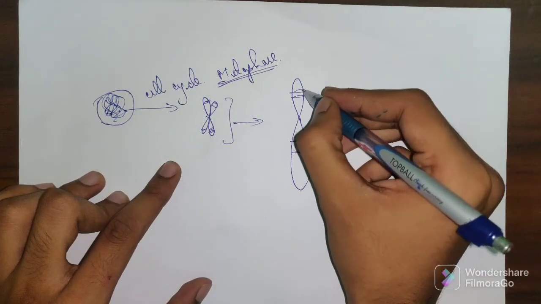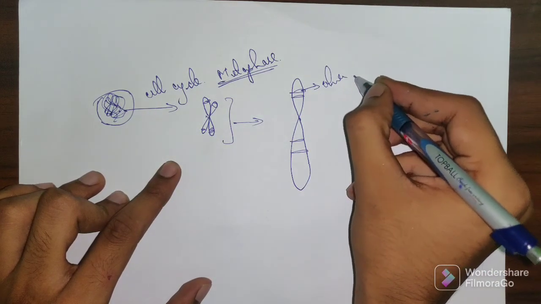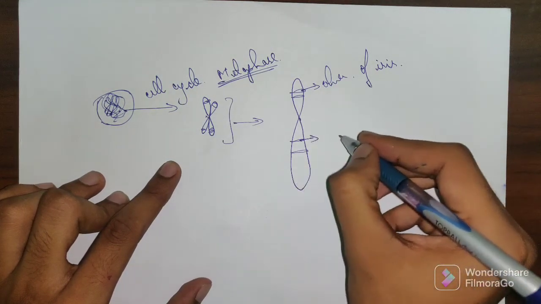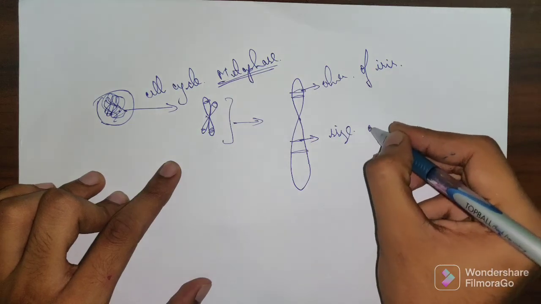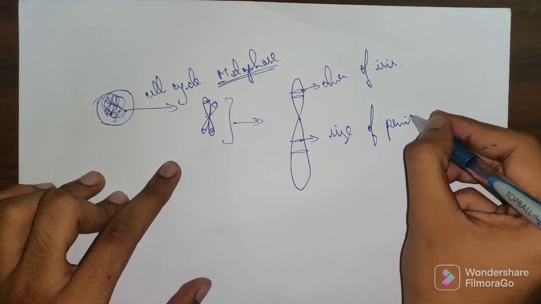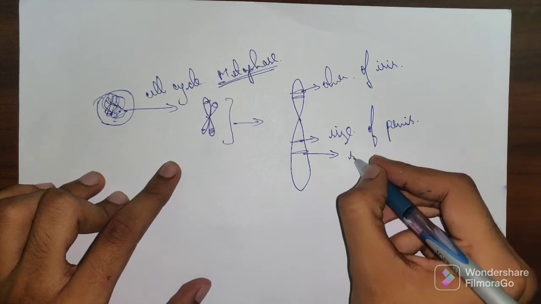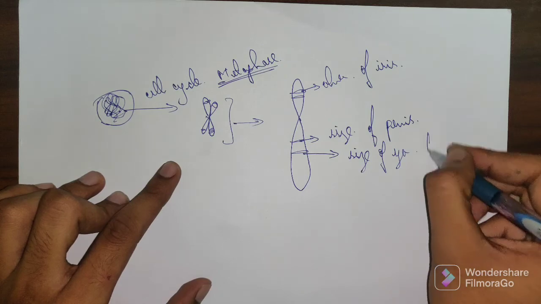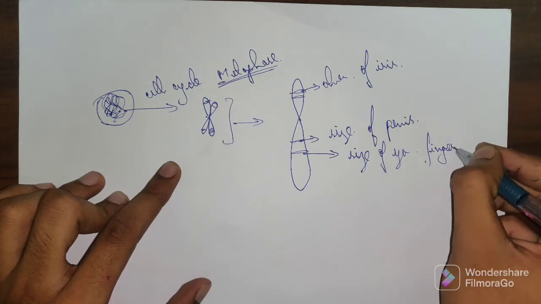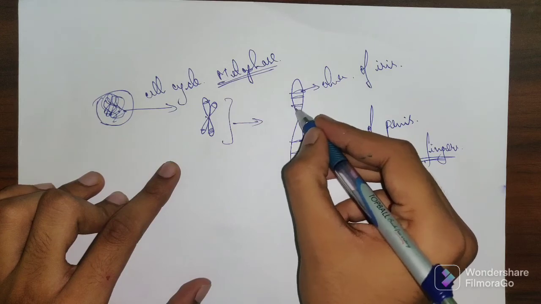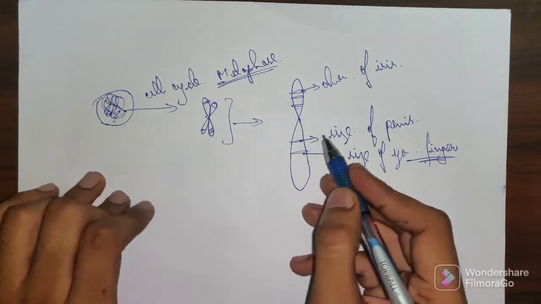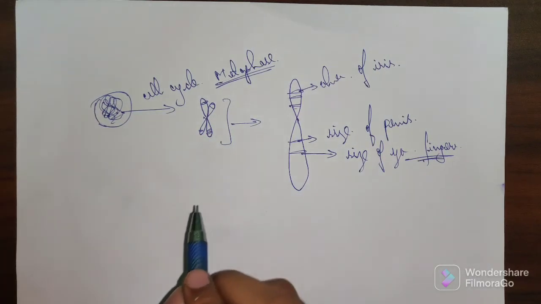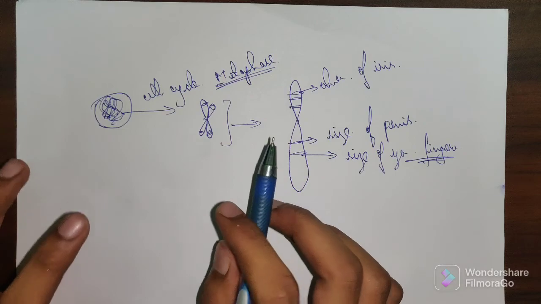Maybe this gene may be the color of iris, this may be the size of your fingers. It may be anything. There are multiple genes on the chromosome, which was formerly DNA in the condensed phase. So now we know what a DNA, a chromosome, and a gene are.